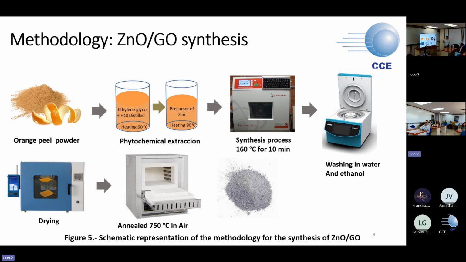We integrate it and introduce it in the microreactor for only 10 minutes at this temperature. As you can see, the time is very fast. The total heating process lasts 15 minutes, because the first 5 minutes are a ramp of heating from ambient conditions to this temperature. At the end, the cooling time is around 30 minutes.